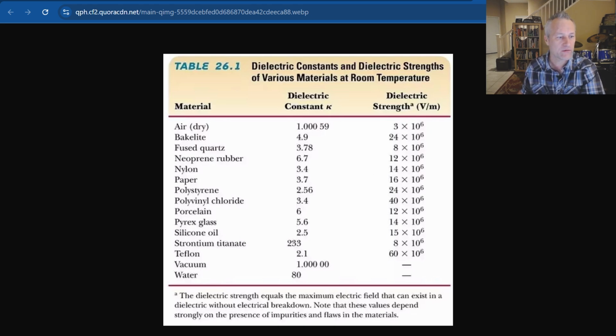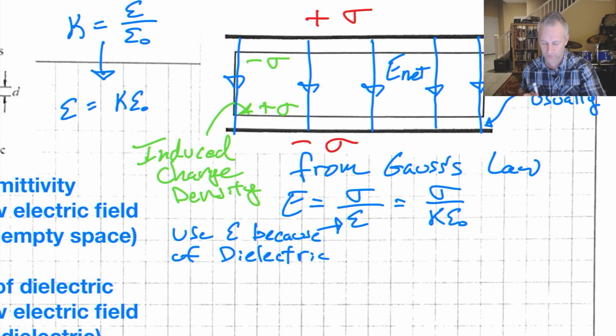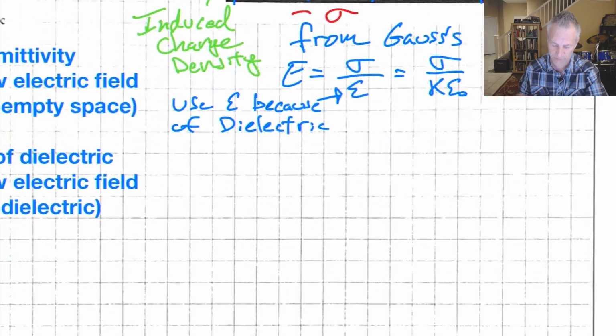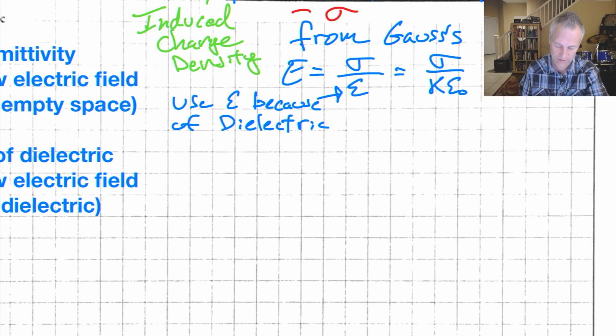Let's go back to here. So we just looked at some values there, and let's go over what those mean. We said K for a vacuum was equal to K of air, which was equal to 1.